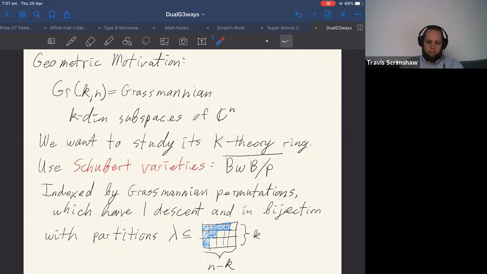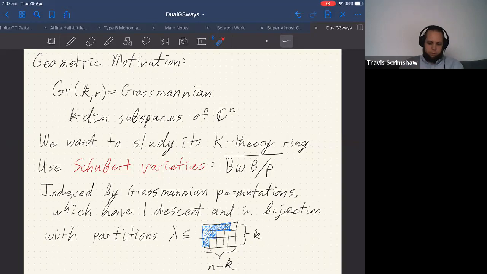There are lots and lots of other special properties of Schubert varieties that I'm not going to get into, in part because I don't really understand them, since I don't know the geometry so well. But I'm sure there are plenty of people in the audience who know a lot more about this than I do.